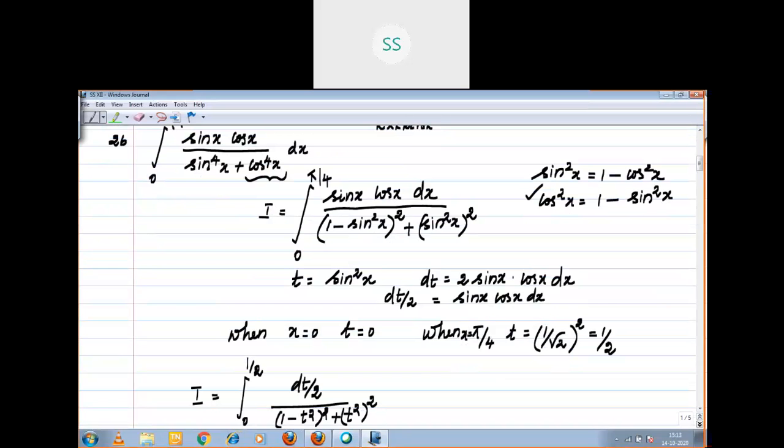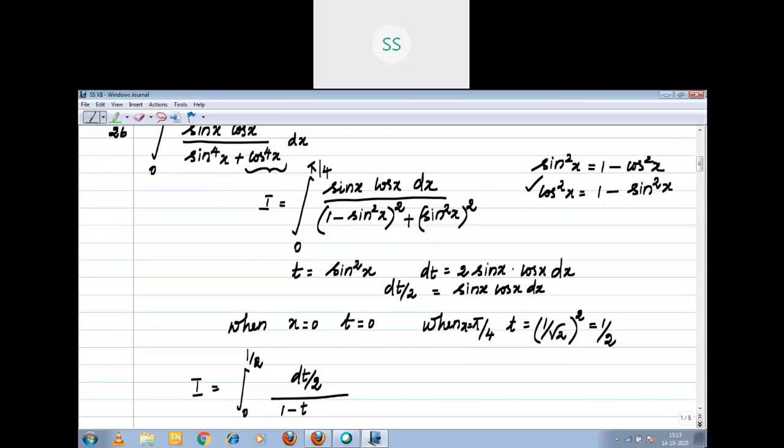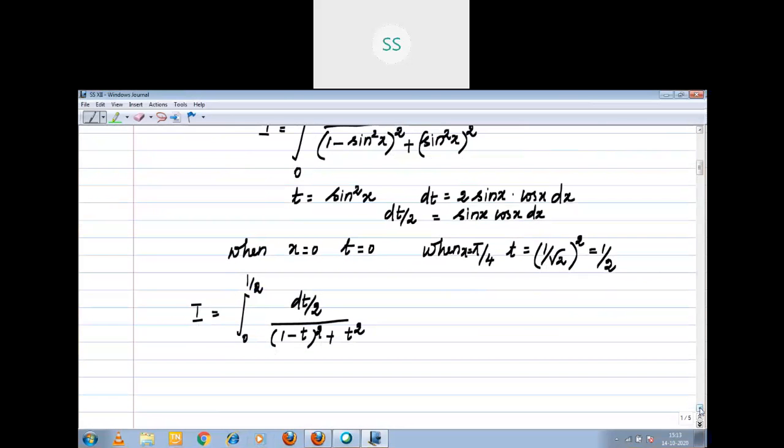Got it? What I wrote, did you understand or not, children? T is equal to sin square x, so it becomes 1 minus t the whole square plus t square. Got it?